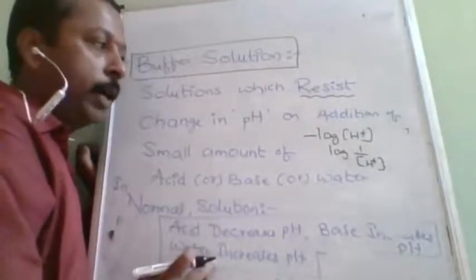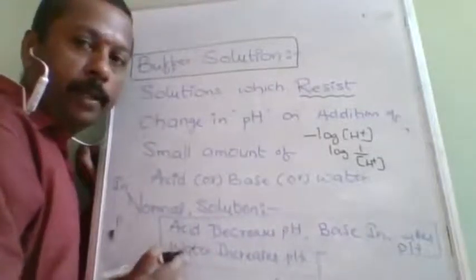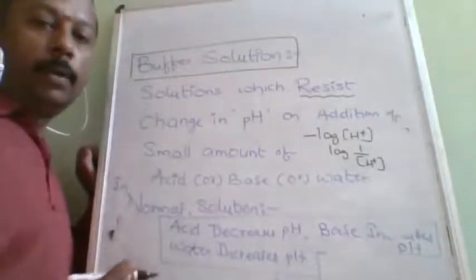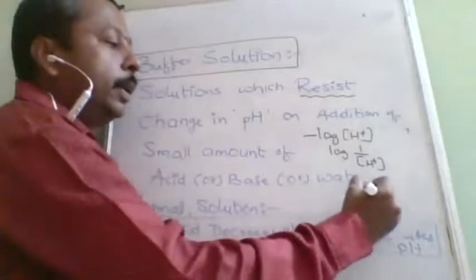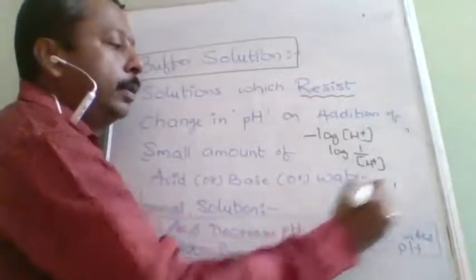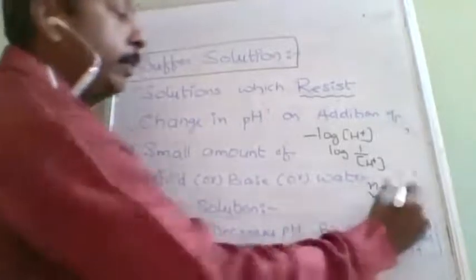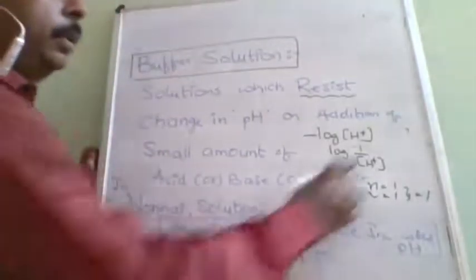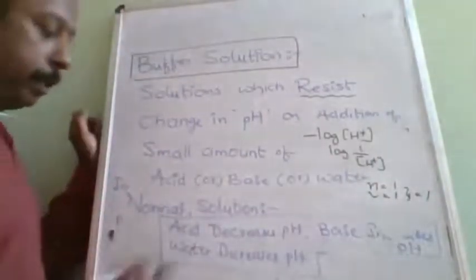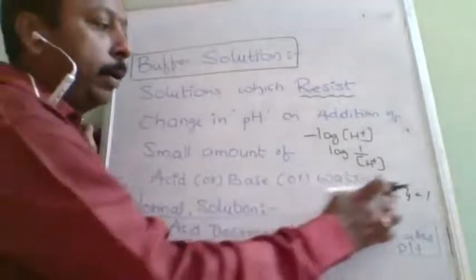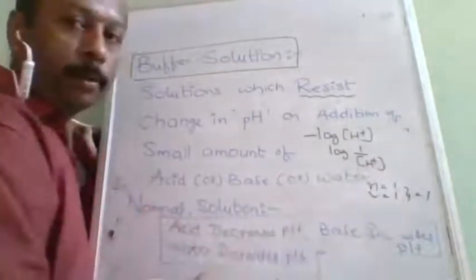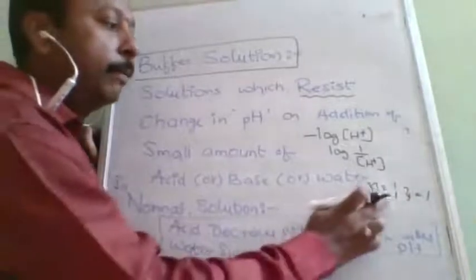Here, when you add water, the number of H positive will remain the same, but the volume changes. Suppose the number of moles is 1 and the volume was 1 liter, so the molarity will be 1. When I add water, I am not increasing the number of H positive, but I am increasing the volume of the solution.